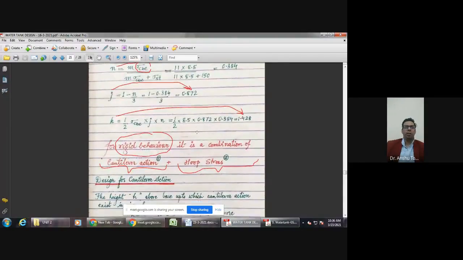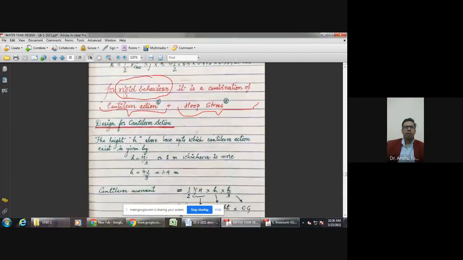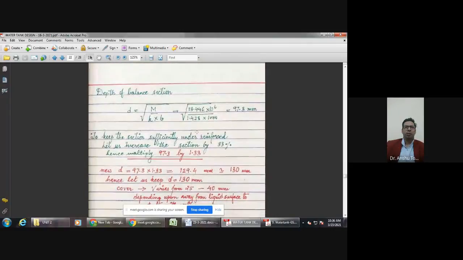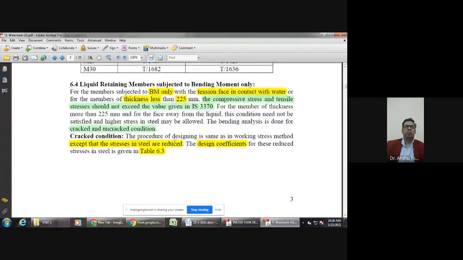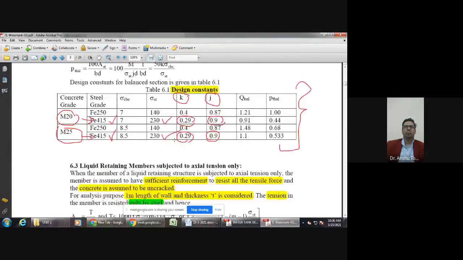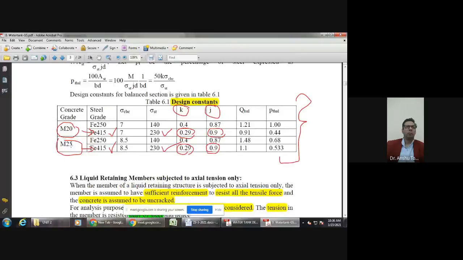Now let us move further. This we solved yesterday. And K is 1.428. So we have M25 concrete. For M25 concrete, for mild steel, we have 1.48.